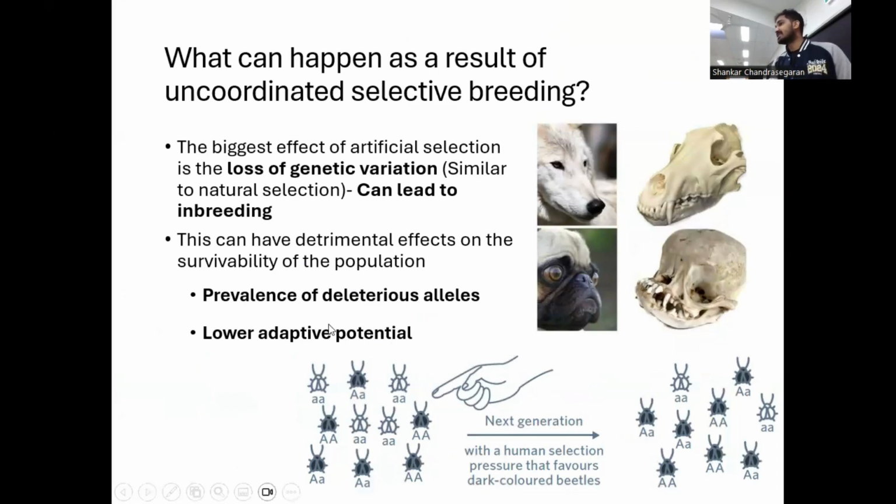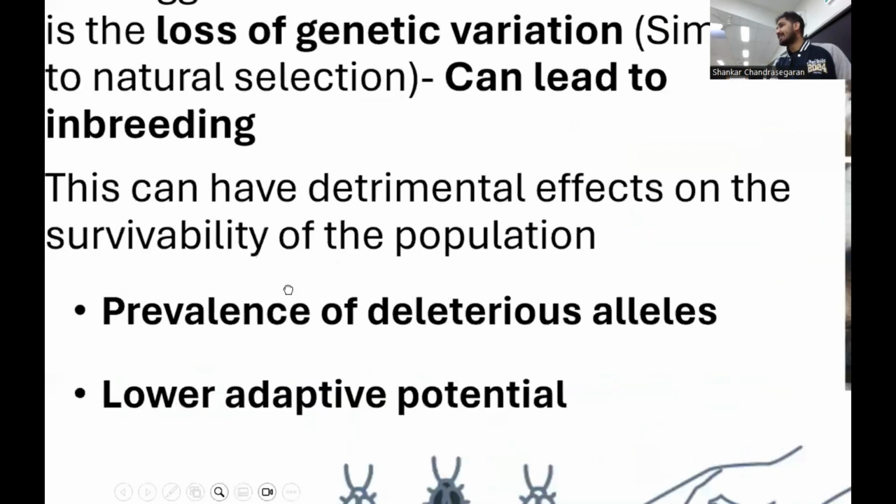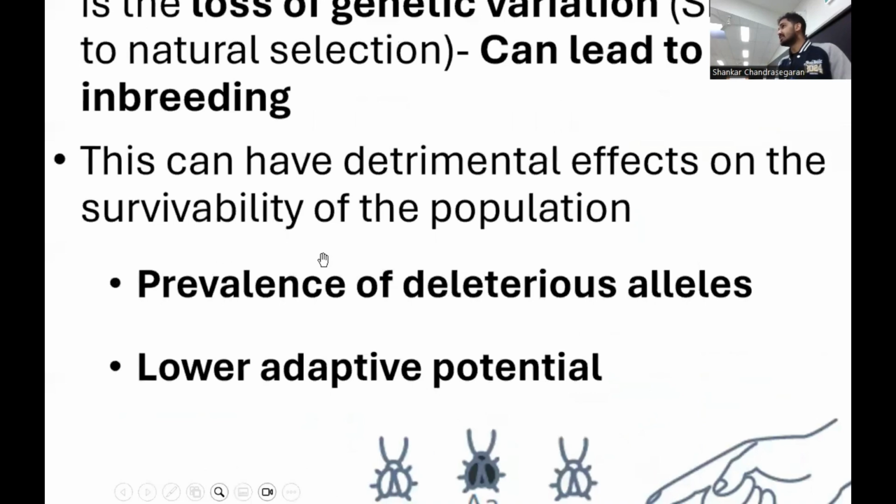There are basically two reasons, right? In general, it reduces the survivability of the population by first increasing the prevalence of deleterious alleles, right? This we talked about in natural selection and also genetic drift, which is basically, imagine if founder's effect happened. Why is that a bad thing?